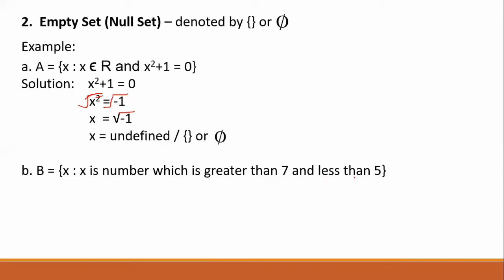Less than 5: 4, 3, 2, 1. That's correct. But as to the given set, x must be greater than 7 and at the same time less than 5. None. Therefore, set B is said to be a null set or empty set. No elements can be found that are greater than 7 and at the same time less than 5. That is called an empty or null set.